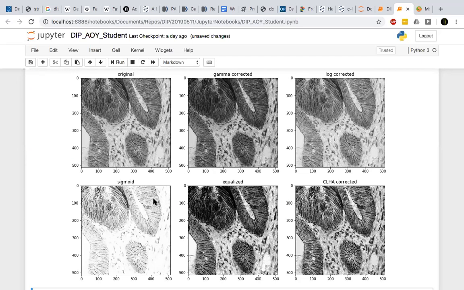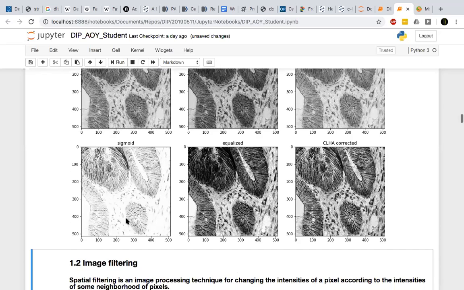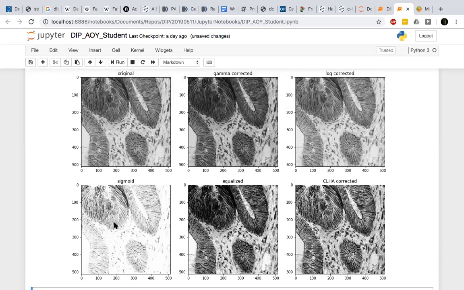So sigmoid basically also is a way to increase contrast by saying, I'm going to take everything above a certain level and effectively make it almost 1, and everything below a certain level and effectively make it almost 0. So you can see how this image is really, really dark and really, really bright, and there is only a thin range around 0.4 of the original intensity levels where this is not the case.